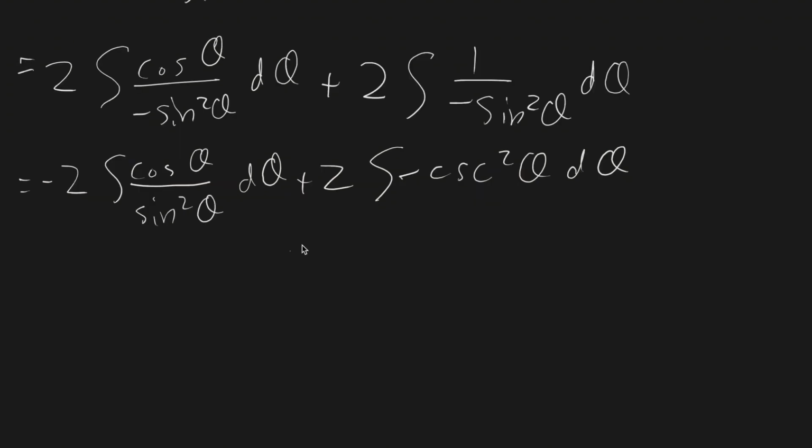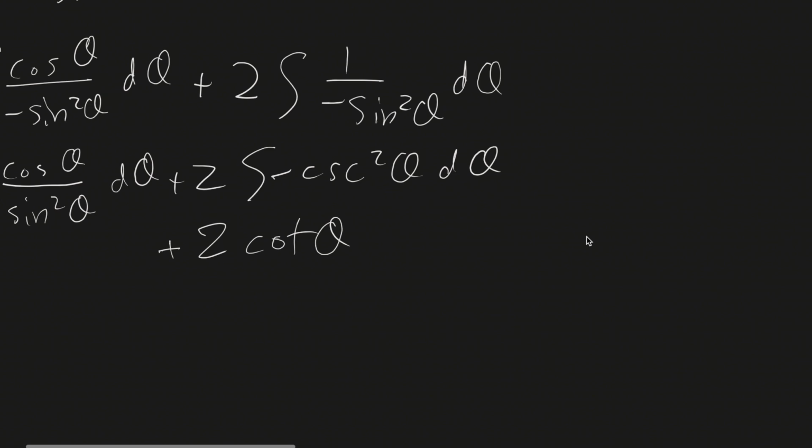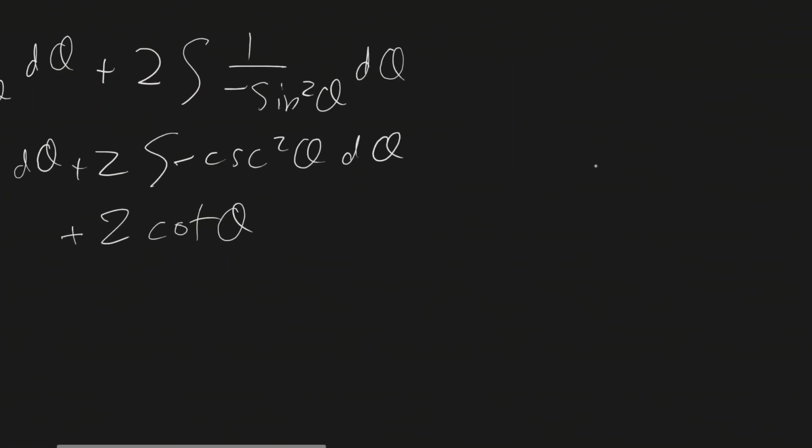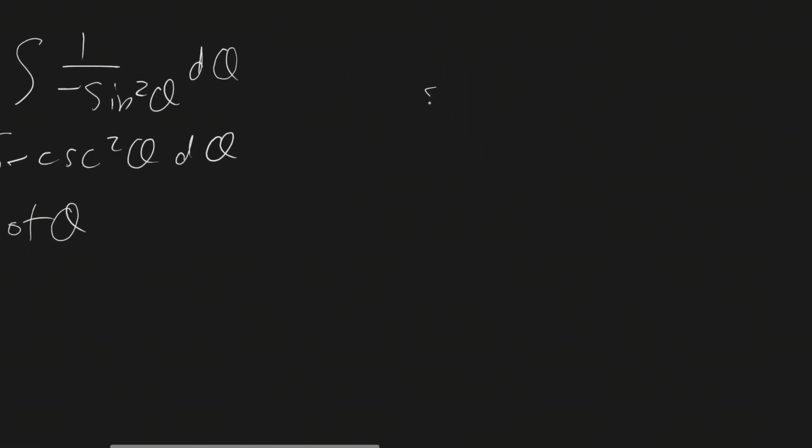I left the negative with cosecant squared theta because if you remember, the integral of negative cosecant squared theta is cotan theta. That's just a trig identity that you should remember. A trick I use to remember the trig identities is I write out secant, secant, tan, cosecant, cosecant, cotan, but the middle cosecant is negative.